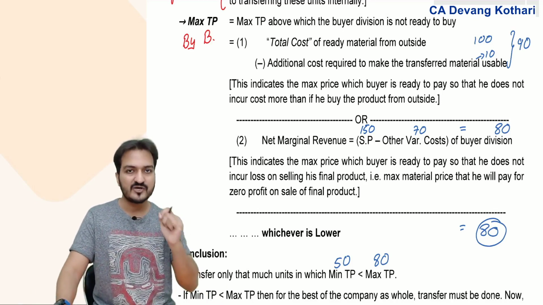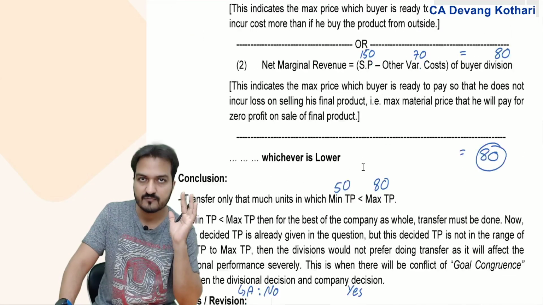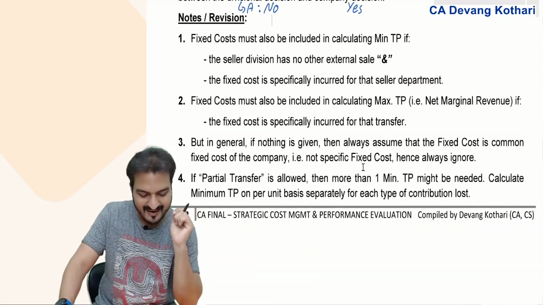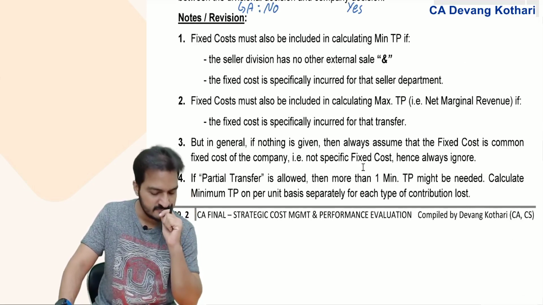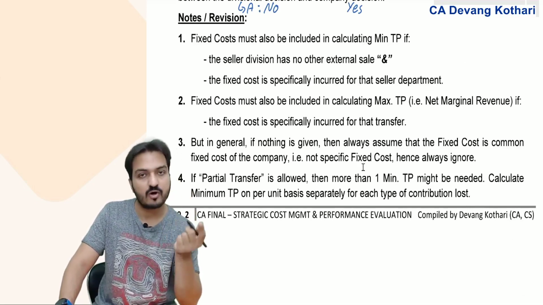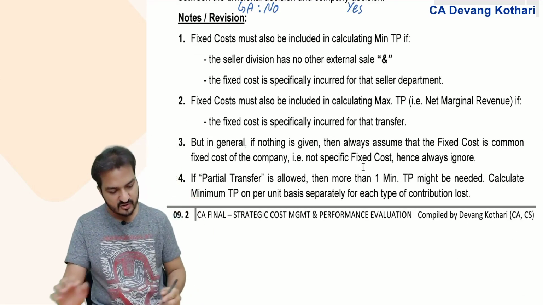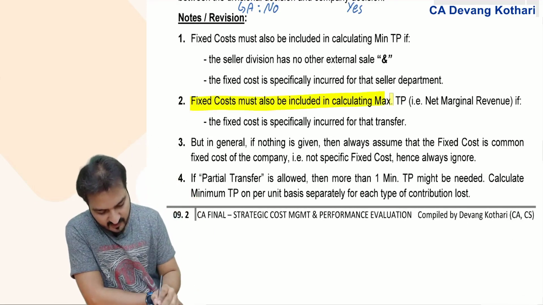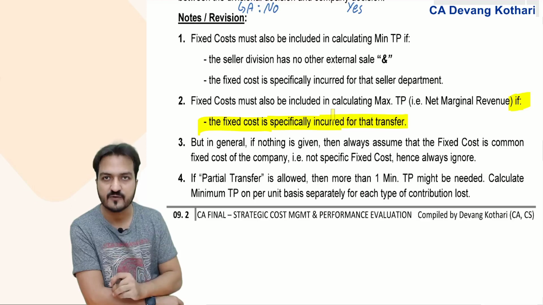But if the question says that fixed cost is incurred only and only when I use transferred material, if the buyer division is incurring fixed cost only specifically because of the transfer, then it should be considered. So fixed cost is included in maximum TP if the fixed cost is specifically incurred due to the transfer.